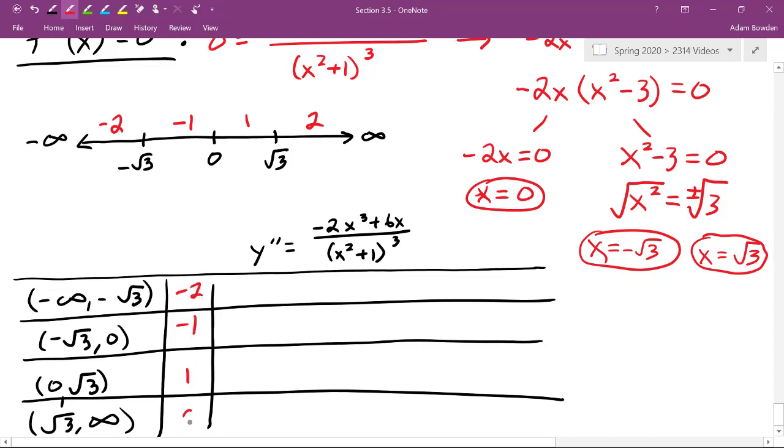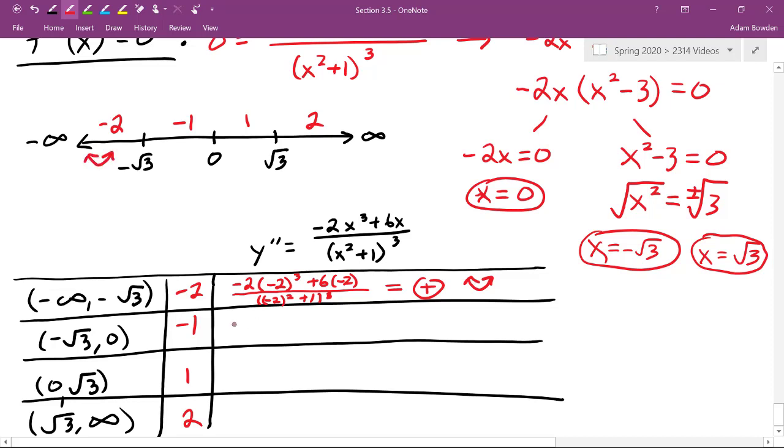Thankfully the numbers we're plugging in are not super serious numbers, they're fairly straightforward numbers. We plug in the negative 2. It's actually going to be a fairly big calculation, but again, just let a calculator help out with this. But we should get a positive number out, which tells us concave up.